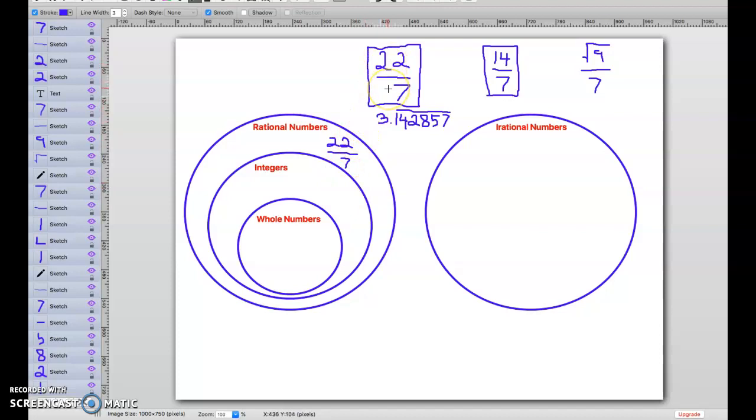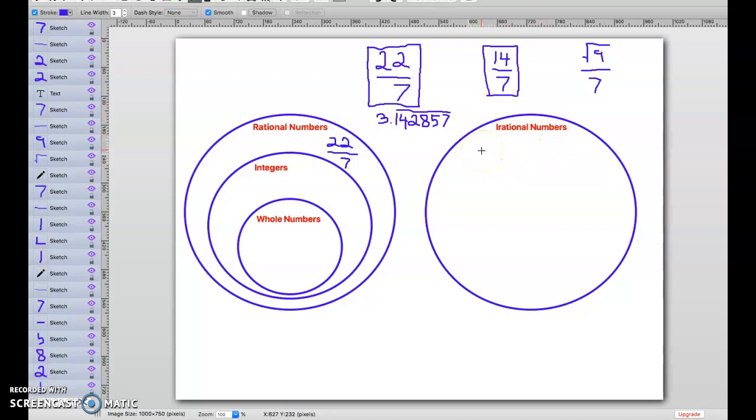22 over 7, if you do 22 divided by 7 in your calculator, you're going to get 3.14287. All of these decimals are going to repeat. So we learned before if a decimal is repeating or if it terminates, then it is rational. Another way to remember that: irrational can mean like crazy.